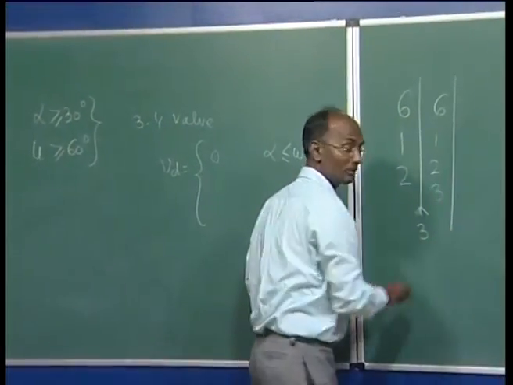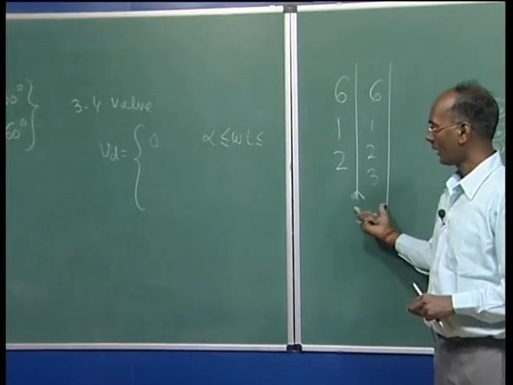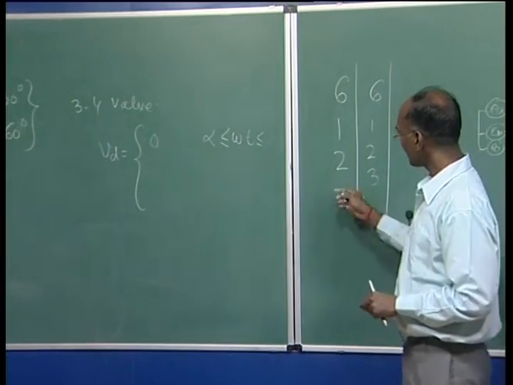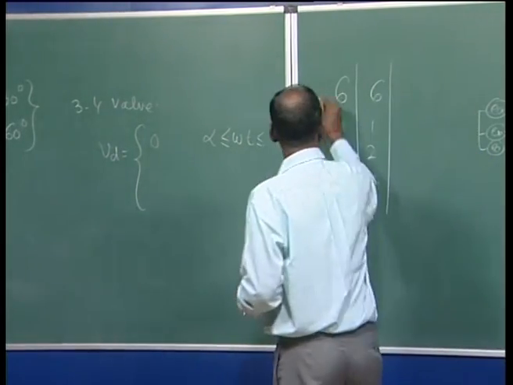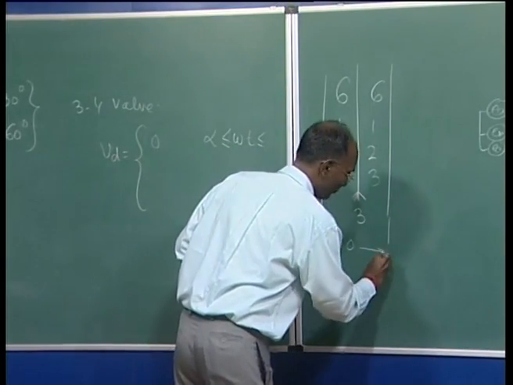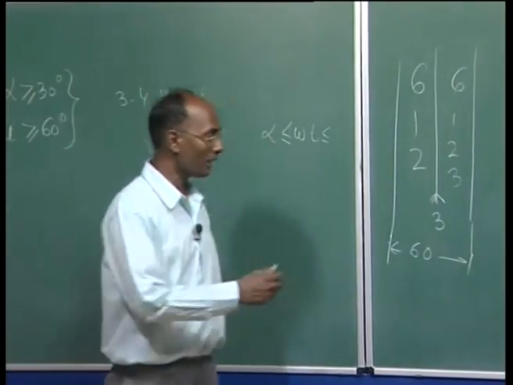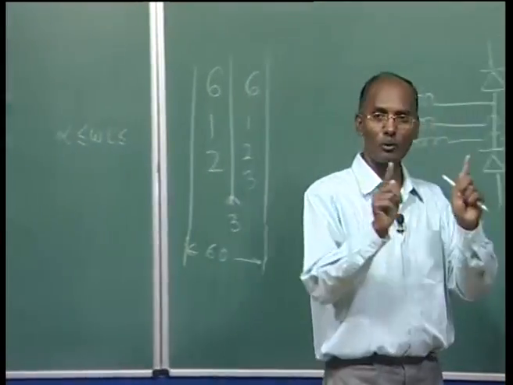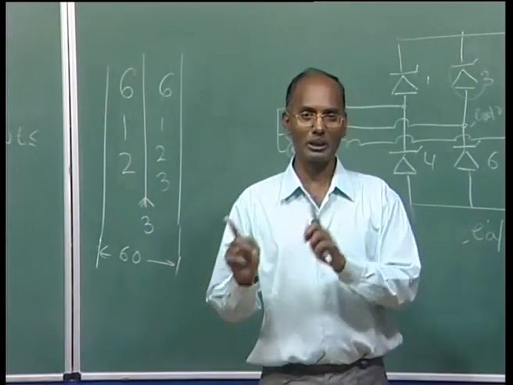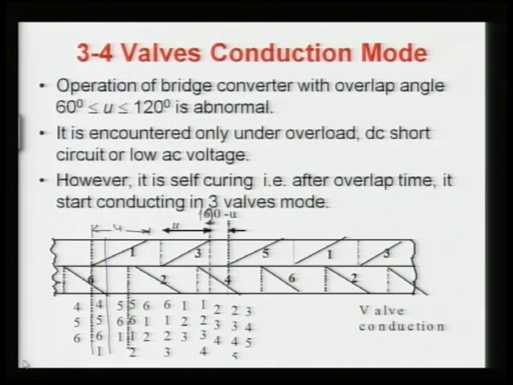But there should be some value. This total here is 3 and this will be your 60 degrees, mind it. I explained that there is some period when 4 valves are conducting and there is a period when 3 valves are conducting. You see our previous one.